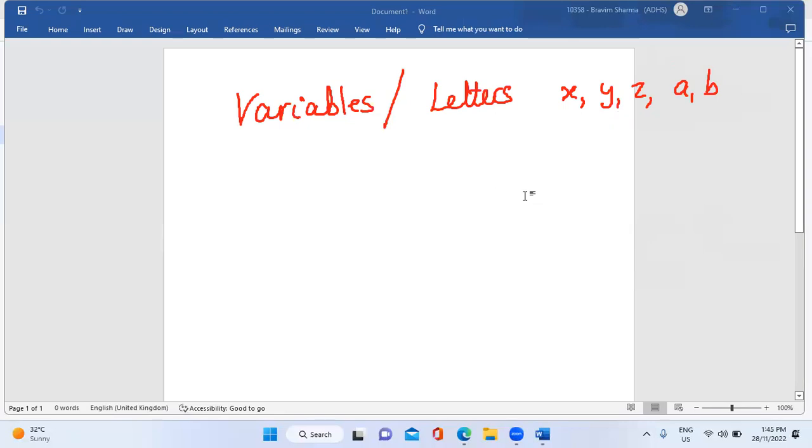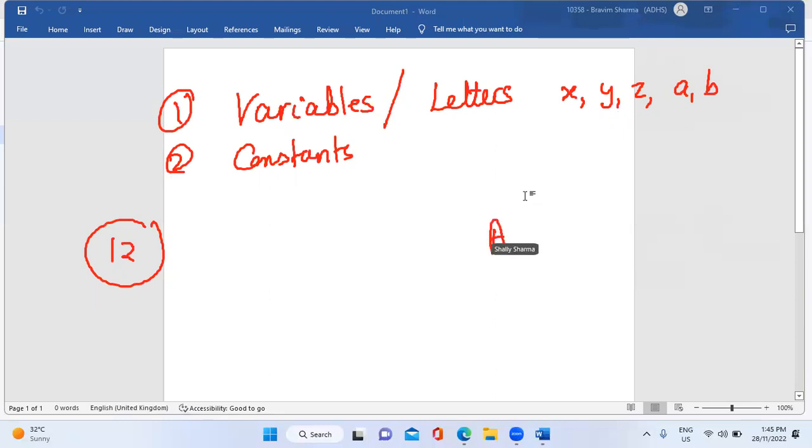Then in algebra, we have variables, we have constants also. I assume based on this lesson that you know that basic stuff in algebra, like what are the constants, what are the variables. In algebra, we don't have just a number like 12, but we will be having an algebraic expression.